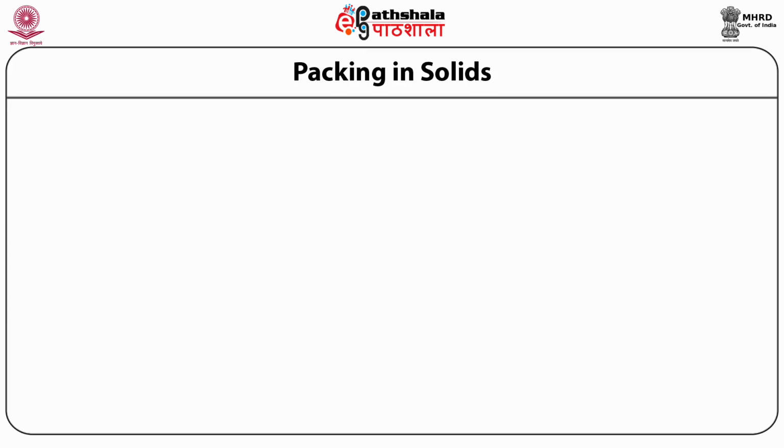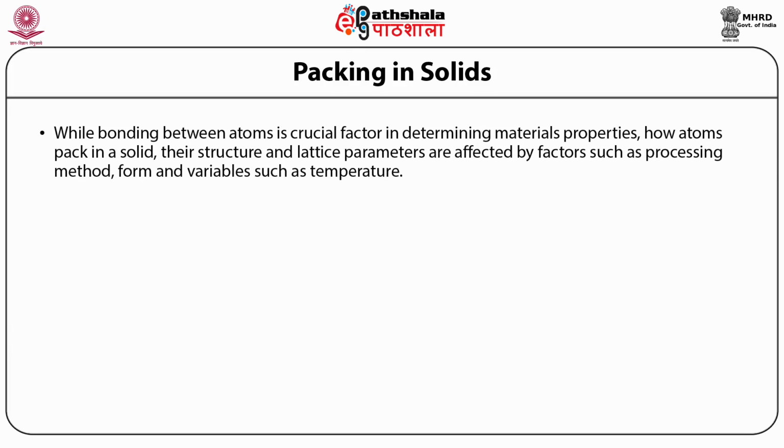Packing in solids. While bonding between the atoms is a crucial factor in determining the material properties, how atoms pack in a solid, their structure, and lattice parameters are affected by factors such as processing method, form, and variables such as temperature.